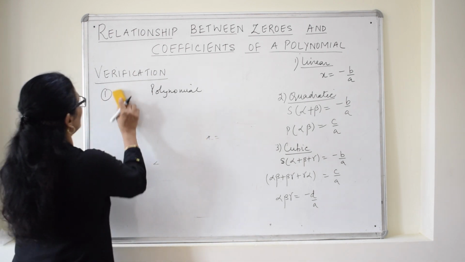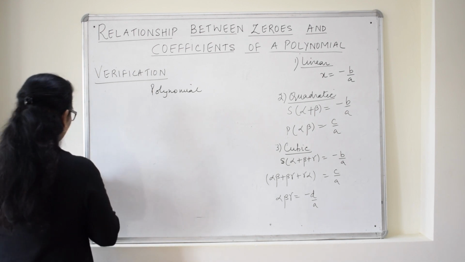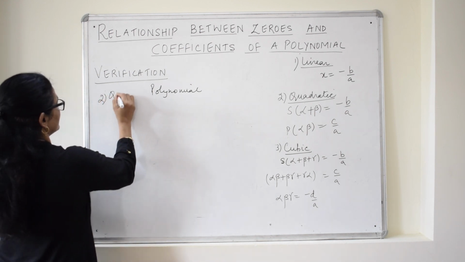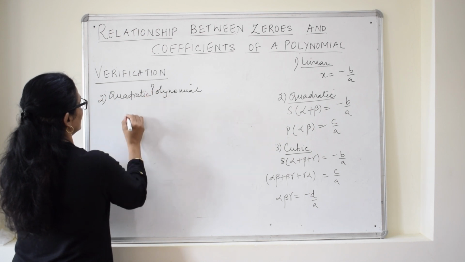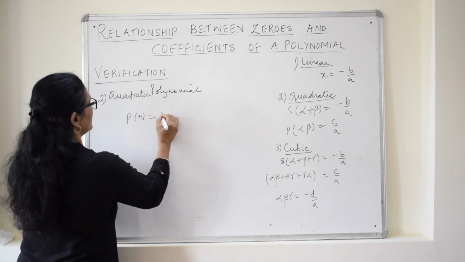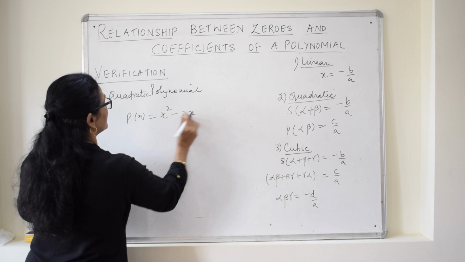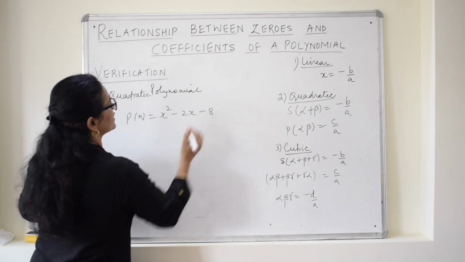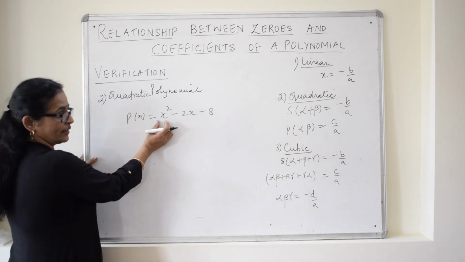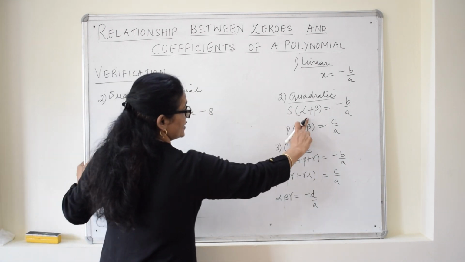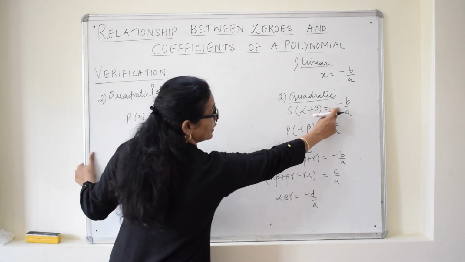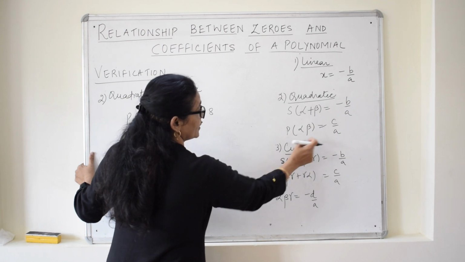Let's take one example of a quadratic polynomial. The second is any quadratic polynomial, x square minus 2x minus 8. Quadratic, degree is 2 and the relation is the sum of the zeros should be minus b by a and the product is c by a.